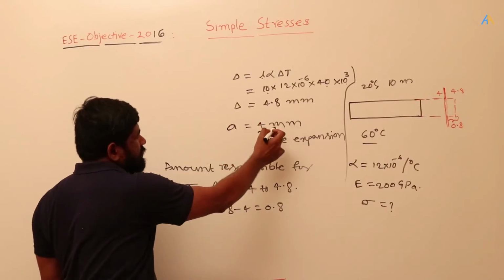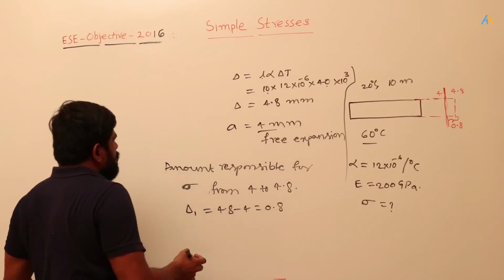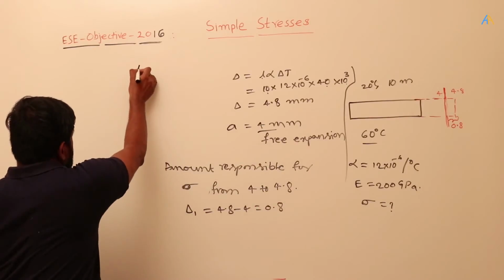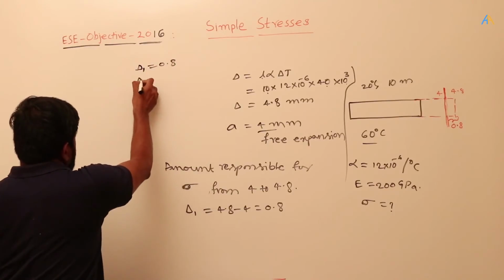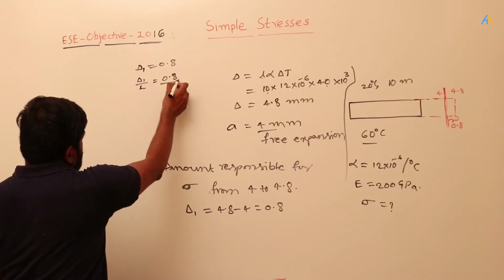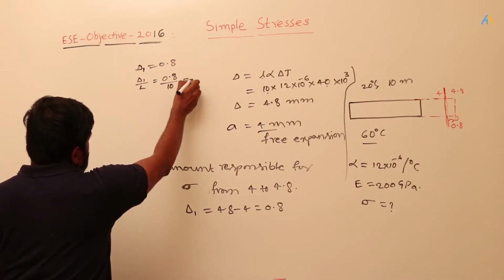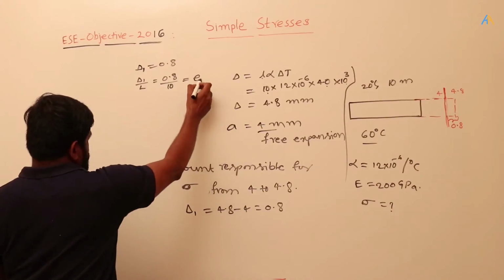That extra elongation here is 4.8 minus 4, that is 0.8. So delta 1 equal to 0.8. Delta 1 divided by L is 0.8 divided by 10. This is nothing but strain.